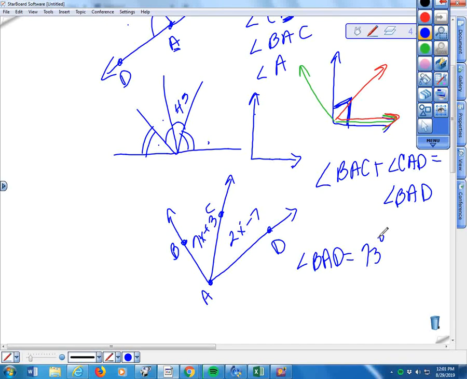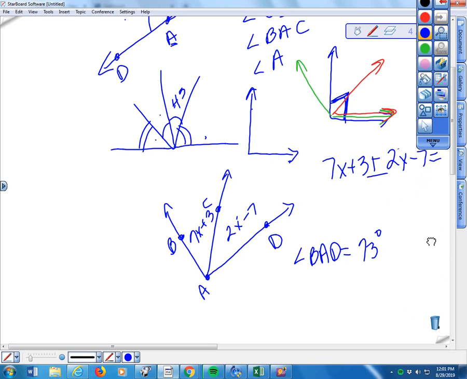You can see where they are. If you have a figure like I do, then write out the angle addition postulate and just substitute in what you know. So over here, I know that angle BAC is 7x plus 3. And I know angle CAD is 2x minus 7. And I know the whole angle is 73.